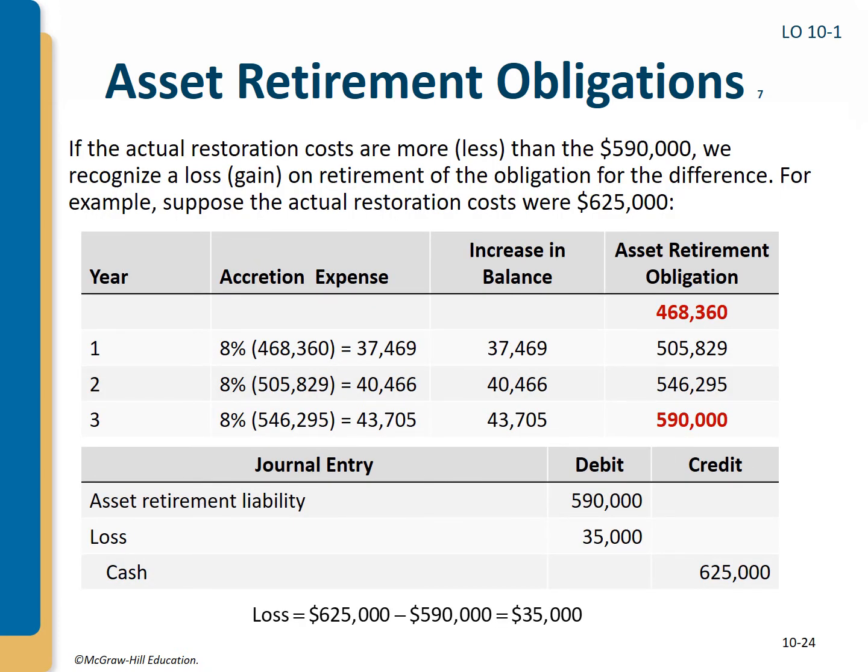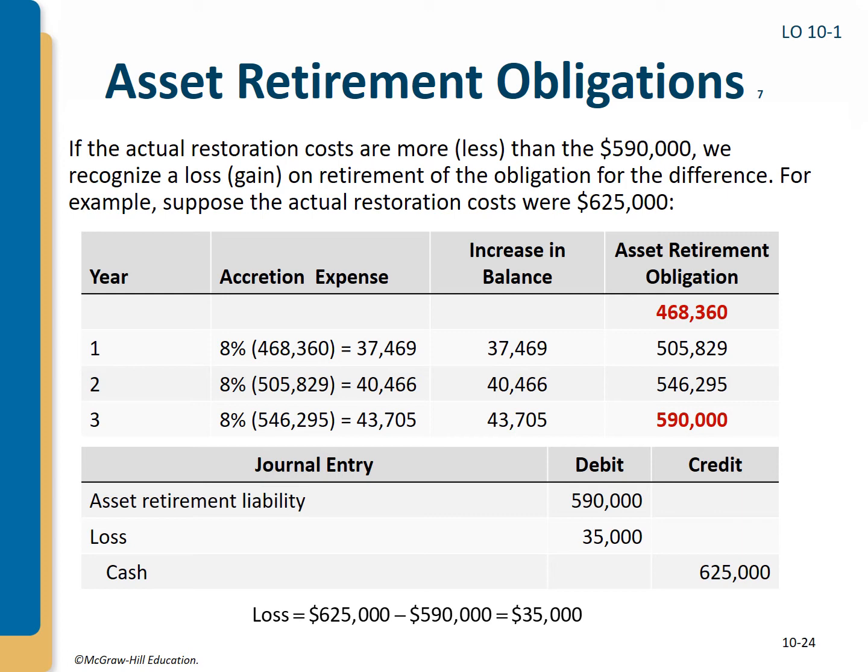What happens if the actual restoration costs are more or less than the $590,000? Well, we would recognize the difference either as a gain or a loss. If we pay more than we thought, in this case the cash is actually $625,000 at the end of the project, when we thought it would only be $590,000, we'll debit the asset retirement liability for $590,000.